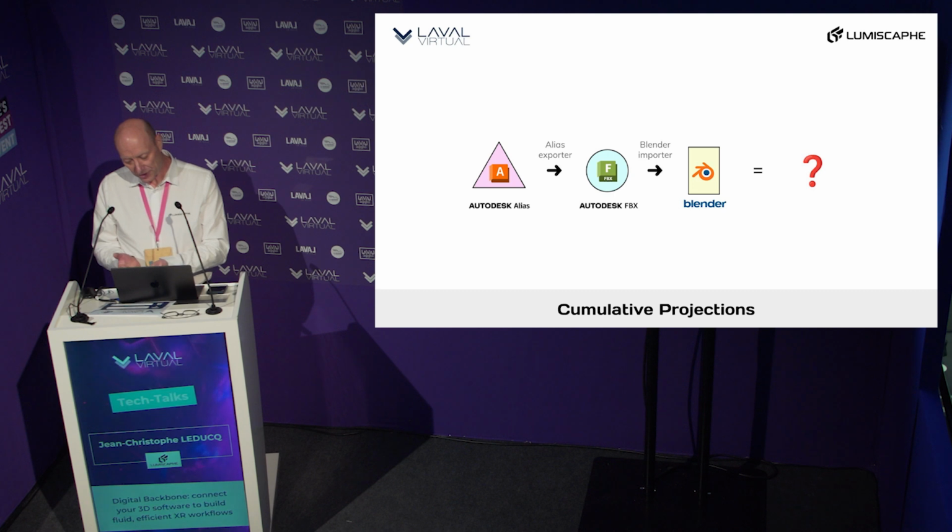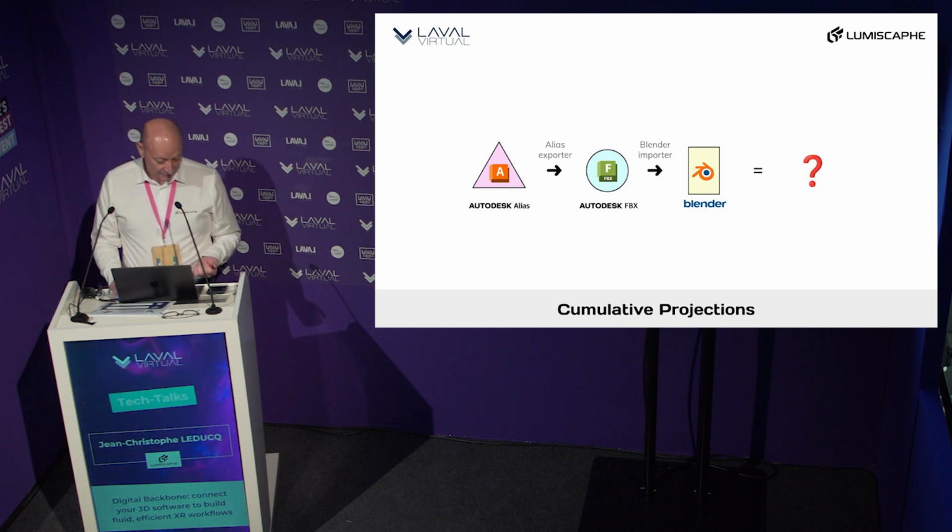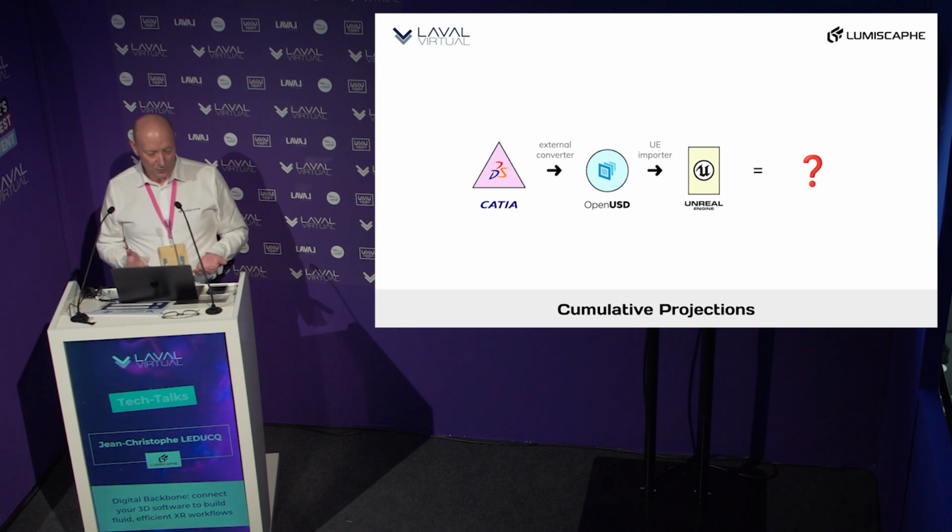So here we can question what will happen to my data. The same with all combinations of software. You can use CATIA, for example, and I can use an external tool to convert CATIA information to OpenUSD, and that's not the same universe once again.